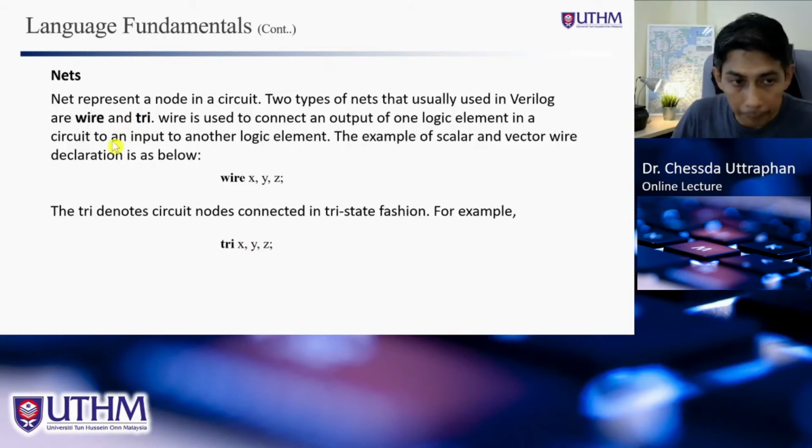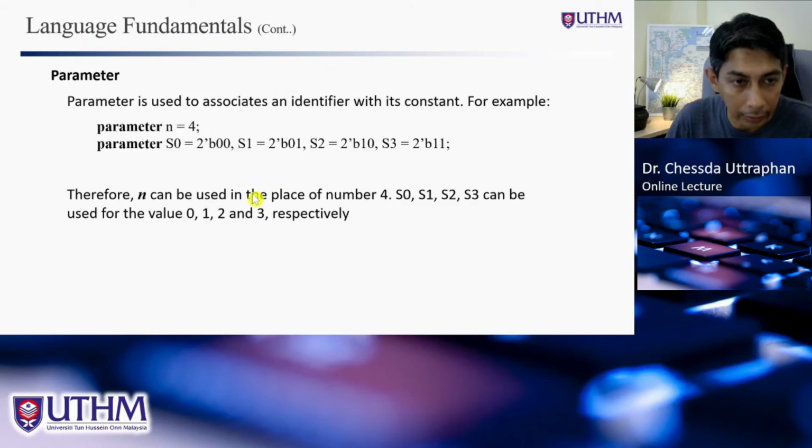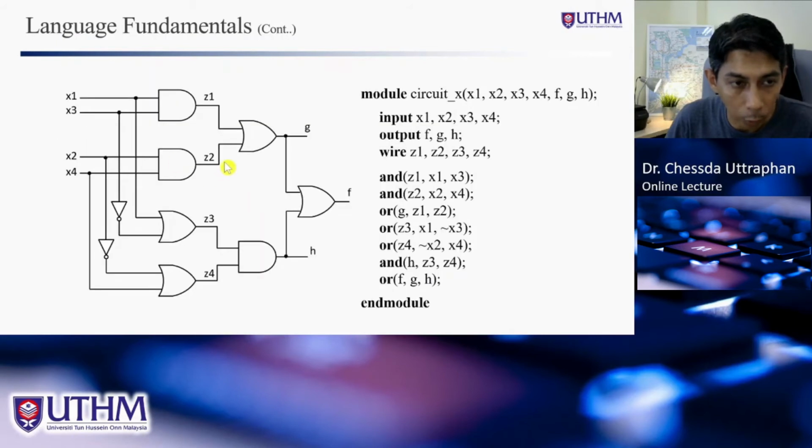And next data type. The next data type is actually something you have been introduced to before. The wire is actually in the group of net data type. Wire X, Y, Z. This is actually the internal wire like this.